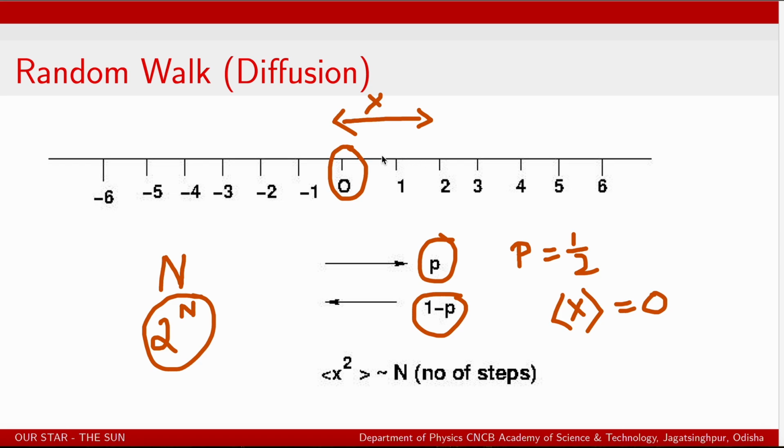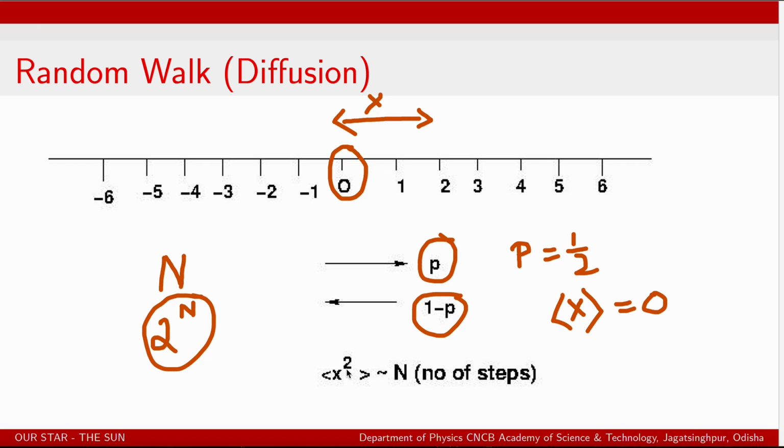So x can be positive or negative. If it goes to the right, it's positive. If it goes to the left, it's negative. So you can clearly see if p is half, the average of x is 0, because x can be both positive and negative with equal probability. So it's 0.